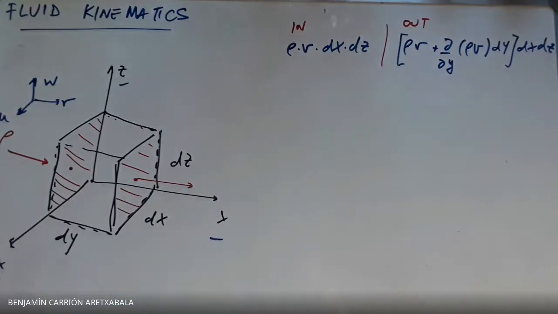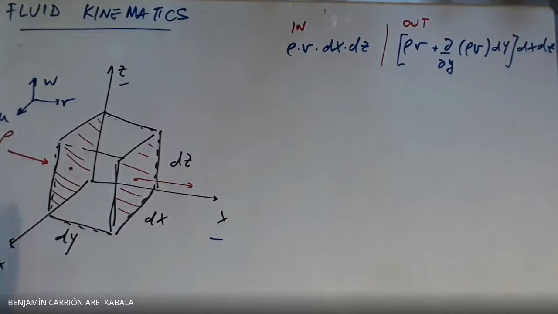Or you can have decay of matter. Say you have dissolved matter in a tank, and that dissolved matter is being eaten away by bacteria. In that case, the mass is changing. We're going to assume that there is no creation and no destruction of mass. So the total change of mass within this volume has to be only due to the flows of mass through the faces.